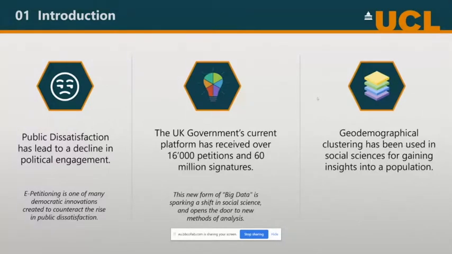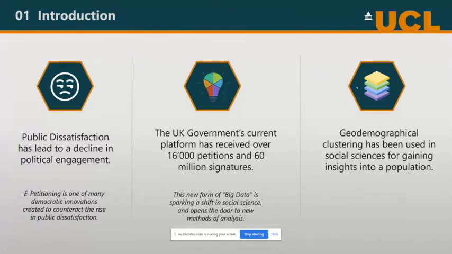Geographical clustering itself, what this paper was about, has been used all over the place for many different reasons in social sciences. There's a paper written by Gale et al. in 2011 for clustering output areas based on socioeconomic factors.